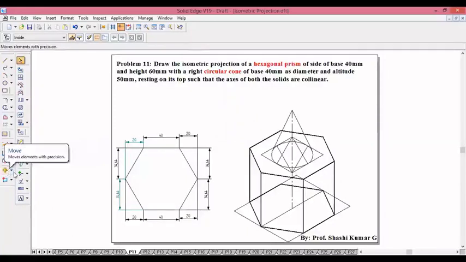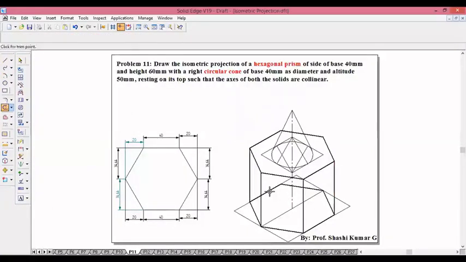You can trim the unwanted lines, the invisible edges. These are the rear ends of the hexagon, and the construction lines you can also trim, but don't delete the axis.